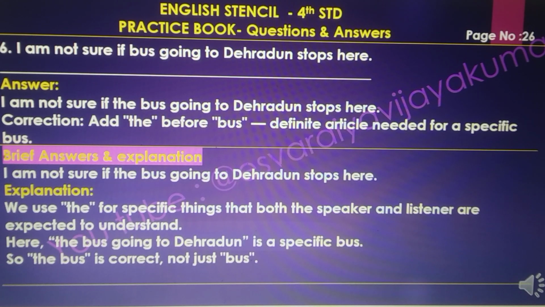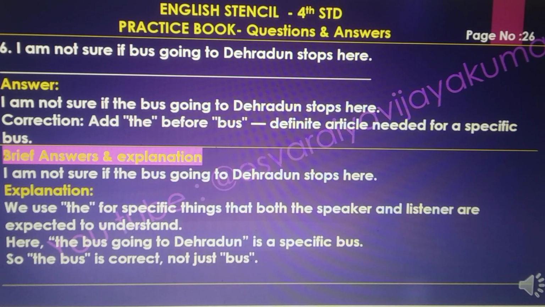The sixth one: I am not sure if the bus going to Dehradun stops here. The correction: add "the" before bus. A definite article is needed for a specific bus.